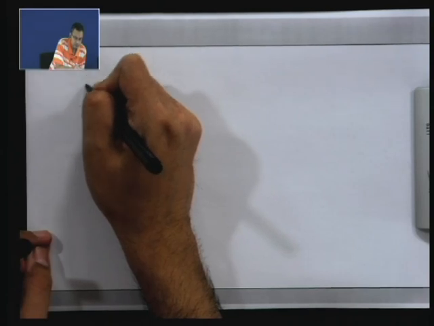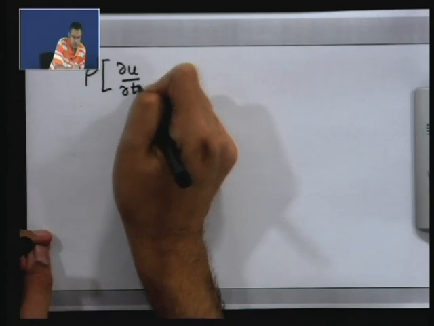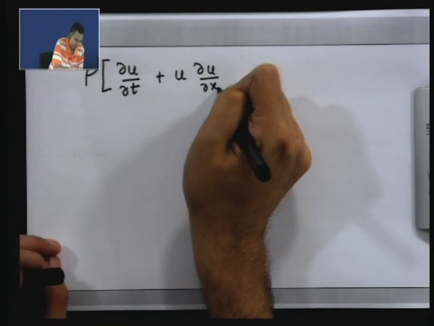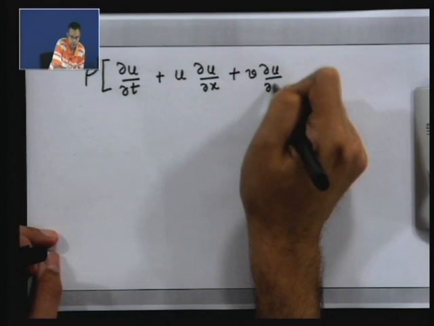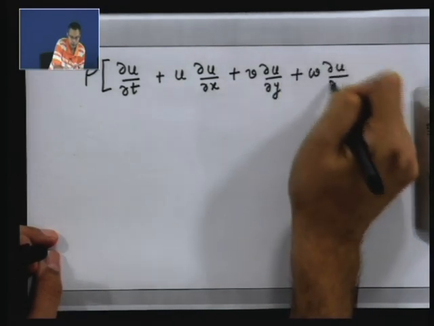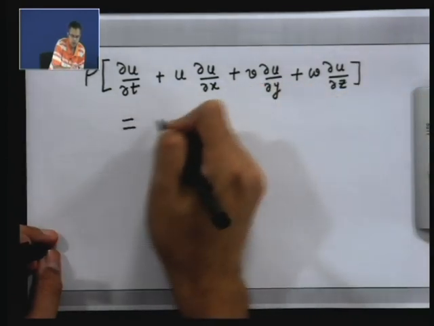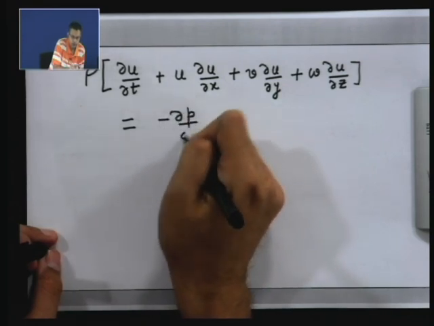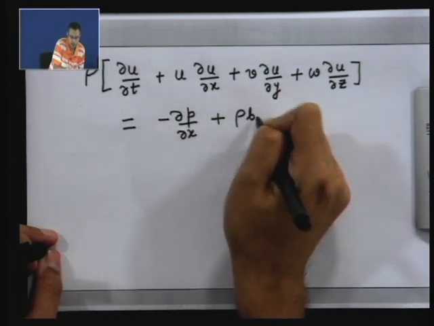rho, del u del t plus u del u del x plus v del u del y plus w del u del z is equal to minus del p del x plus rho bx.